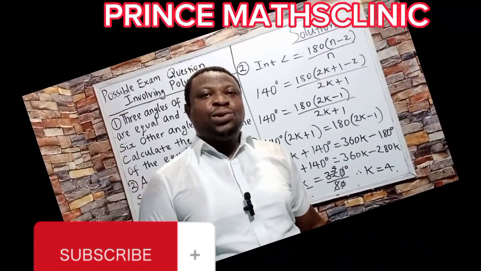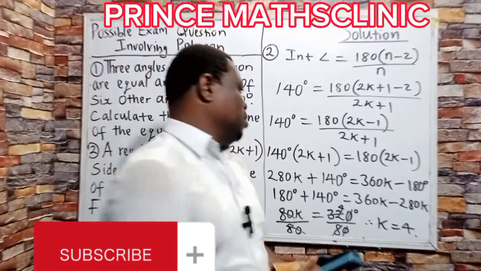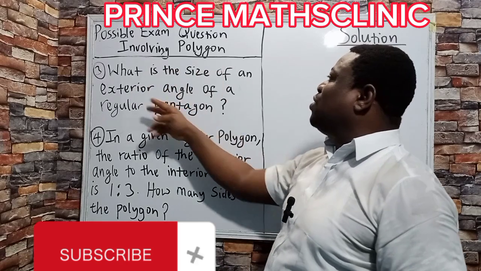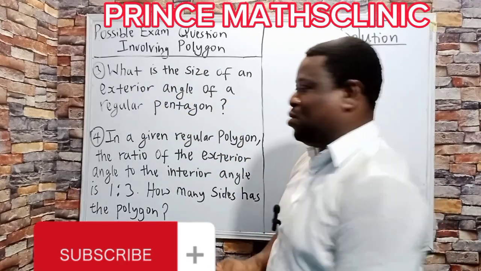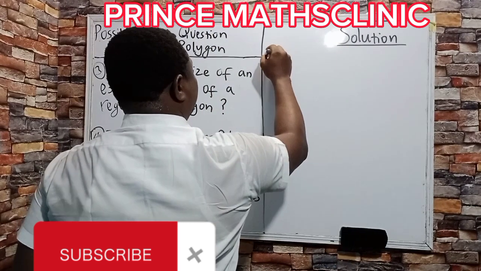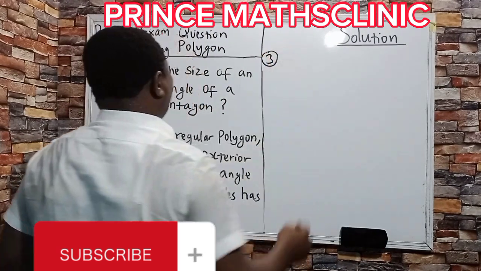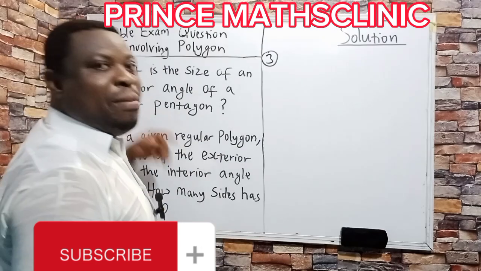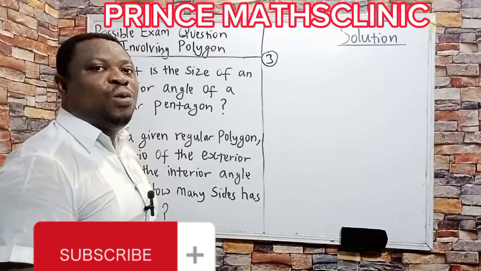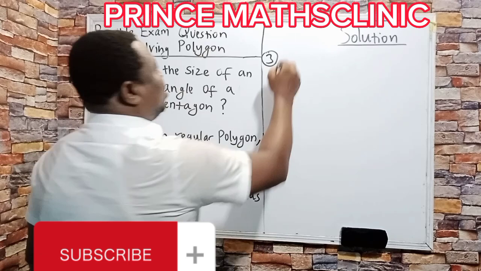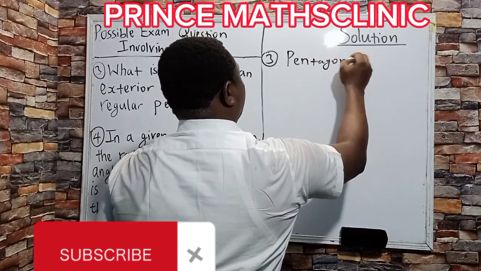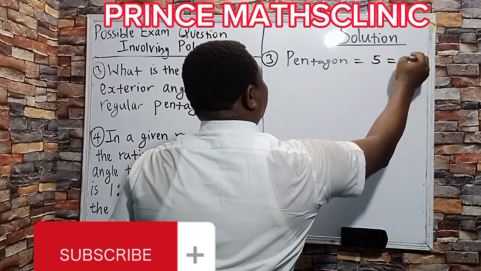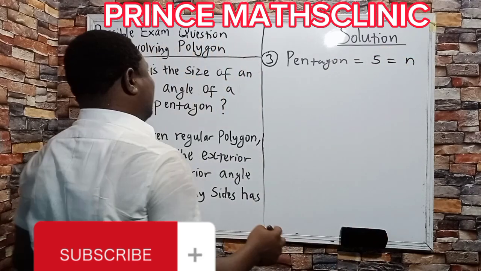We are going to look at 2 other questions. What is the size of an exterior angle of a regular pentagon? Now, the big question is, what is a pentagon? A pentagon is simply a polygon with 5 sides. So we state here that pentagon is equals to 5. And this 5 is the same as our n.